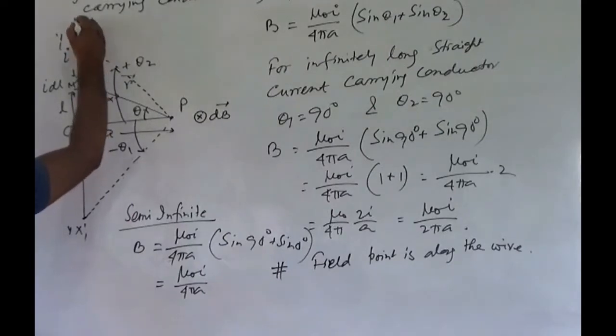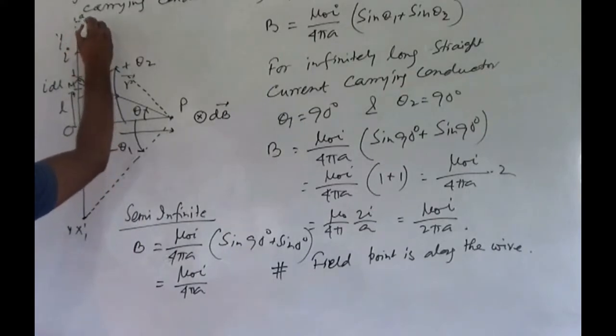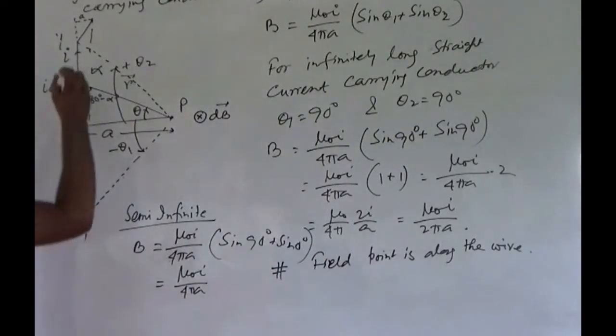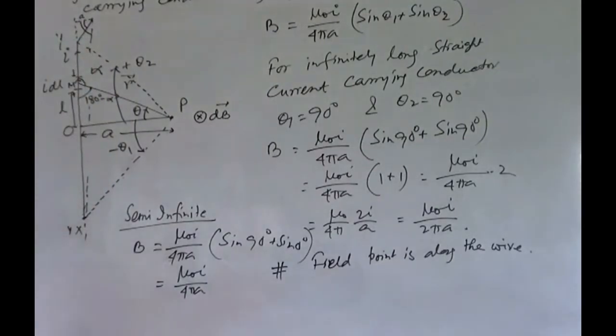This is our A, right? And this, like this, right? That means this angle will be theta 1 and this angle will be theta 2. See here, this angle is theta 1, this angle is theta 2.